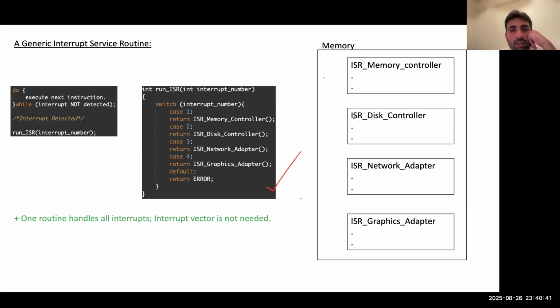Yeah, that's correct. Because you would need one case for every single possible interrupt, which would build up over time. It's not as adaptable. Or you would need a new case for every single possible interrupt, so you'd need to manually go in there, or it wouldn't be adaptable if you had one that wasn't on the list.